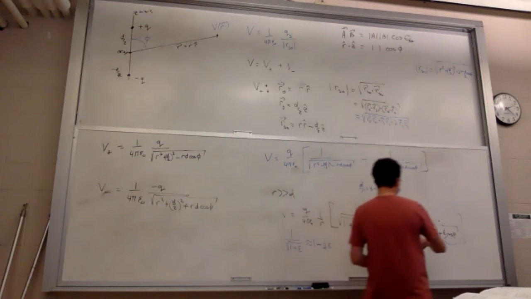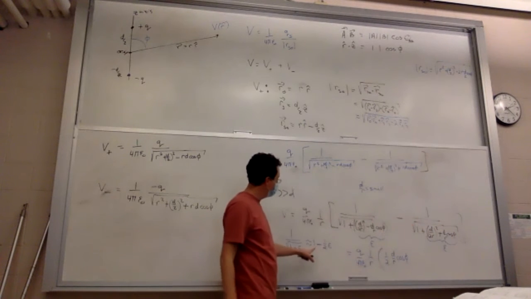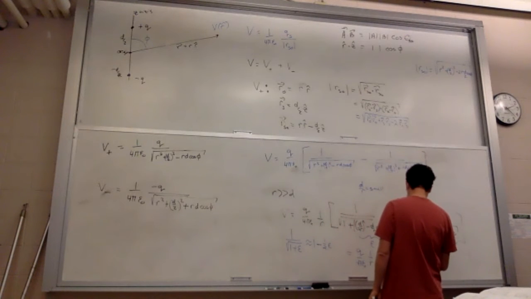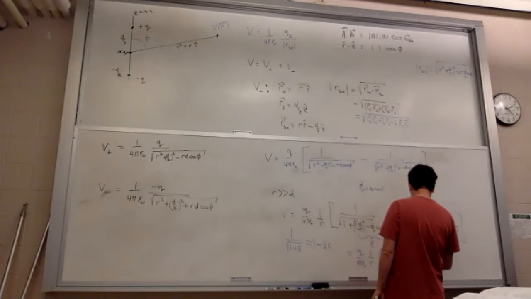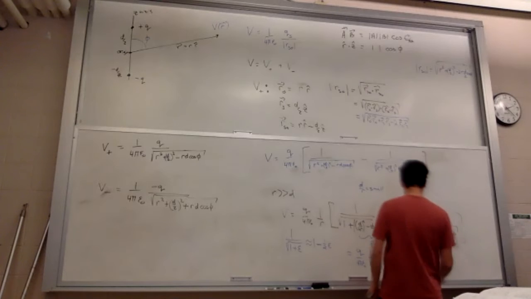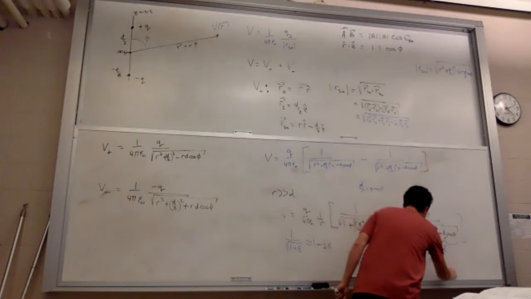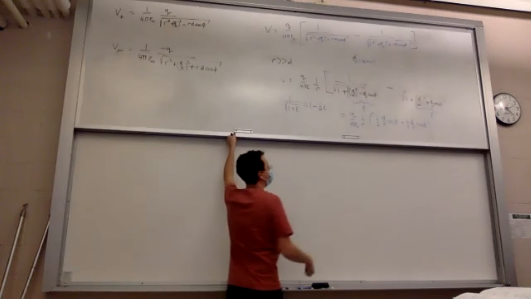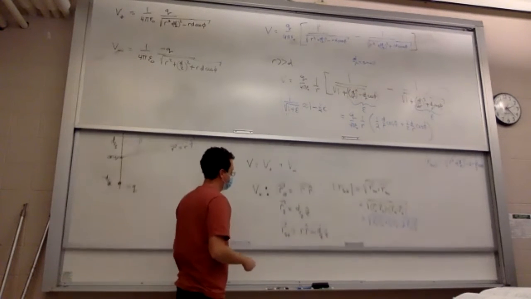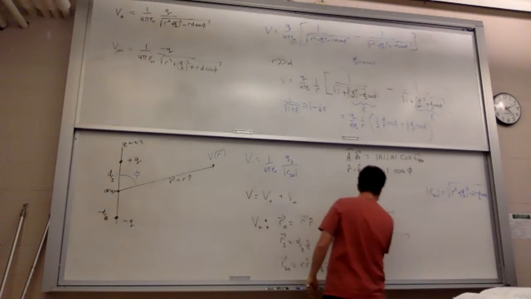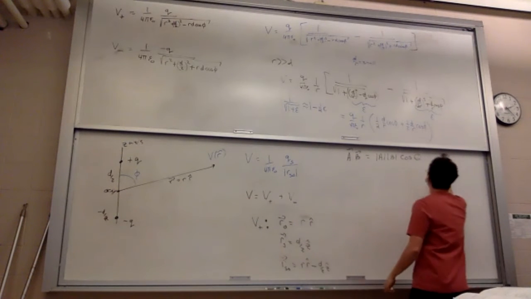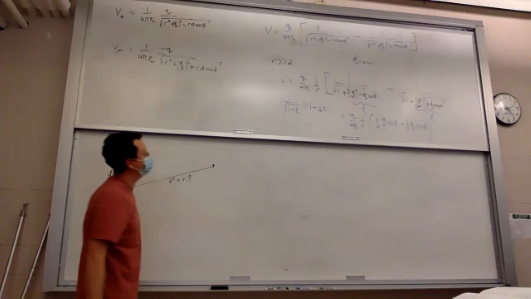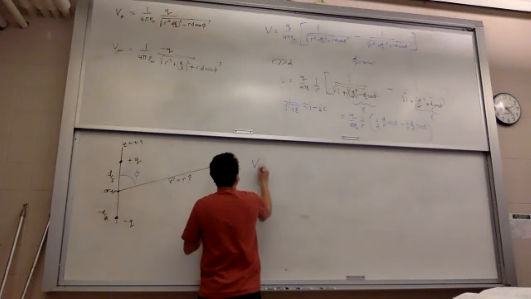This term over here also gives a plus sign, so you get plus 1/2 D over R cosine phi. They're the same, so they double up.